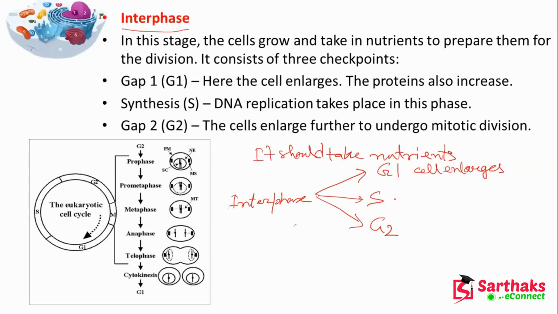S is the synthesis phase, where DNA replication takes place. And gap 2 or G2, in this the cell again enlarges further to undergo the mitotic division. So these 3 we understood.